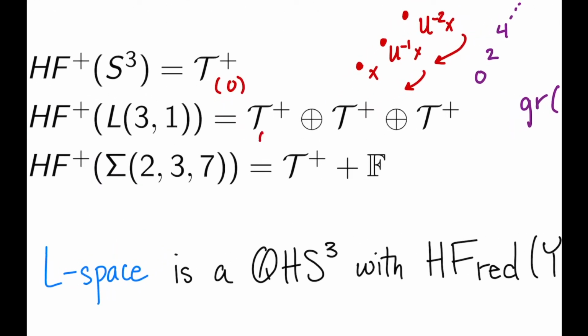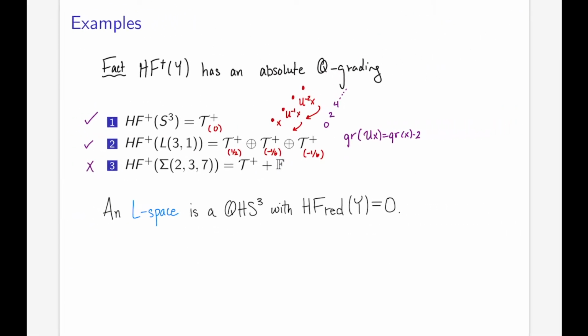And those work out to be 1/2, and then both of these are minus 1/6. Now, I'm not telling you how you get the grading for a lens space, but there's a recursive formula that exists that one could follow. And then the tower for the Brieskorn sphere also has grading 0, like the tower for the three-sphere, but it has this additional torsion piece, which is also graded with a single grading of -1.